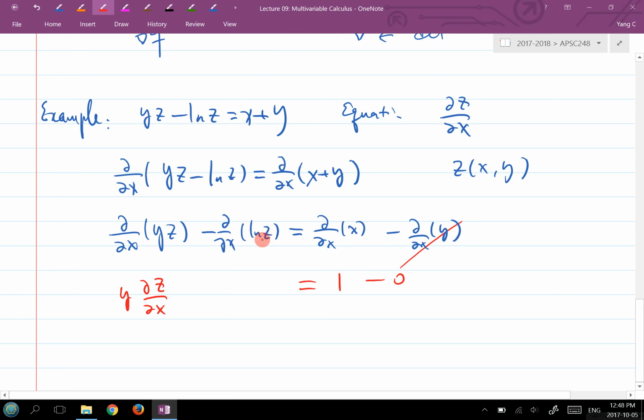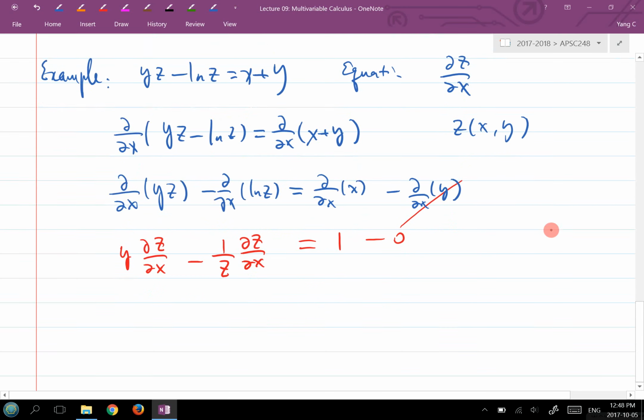Essentially it's another chain rule: let u equal ln z, the derivative of ln u is 1 over z. So you write 1 over z first, and then partial z over partial x.